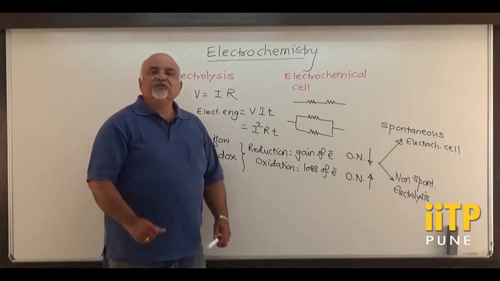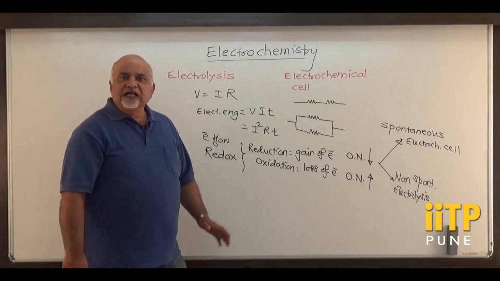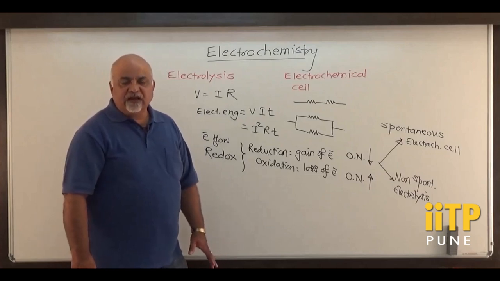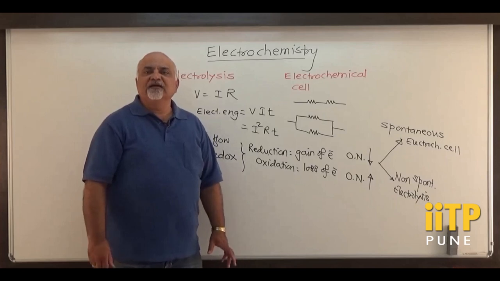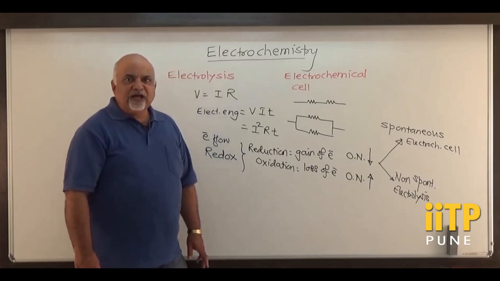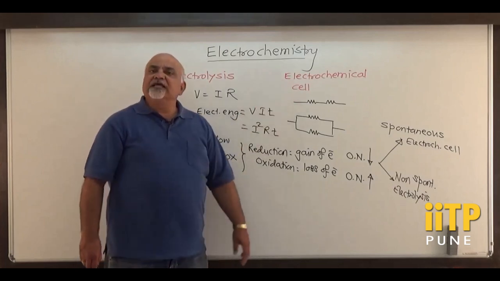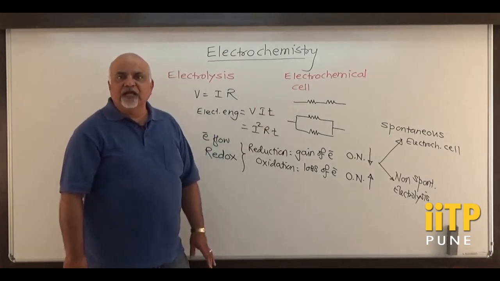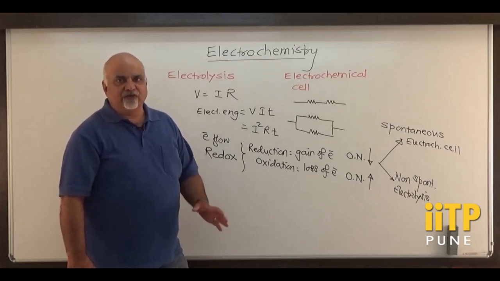When we talk about electrolysis, lysis means breaking. Electrolysis is a reaction where you get a chemical reaction at two different places. One is anode, other is cathode. Electrochemical cell is also related with two different electrode reactions. One is anode, other is cathode.